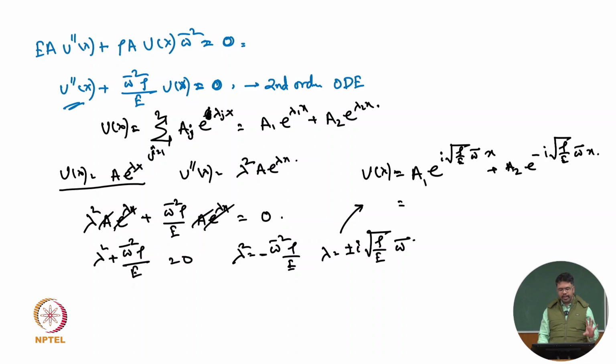Now see, very important point. Here it is e to the power of i something. That means what? E to the power i means it is sine cos. Sine cos, it's a harmonic term. And think, your displacement field should also be like a sine cos type.